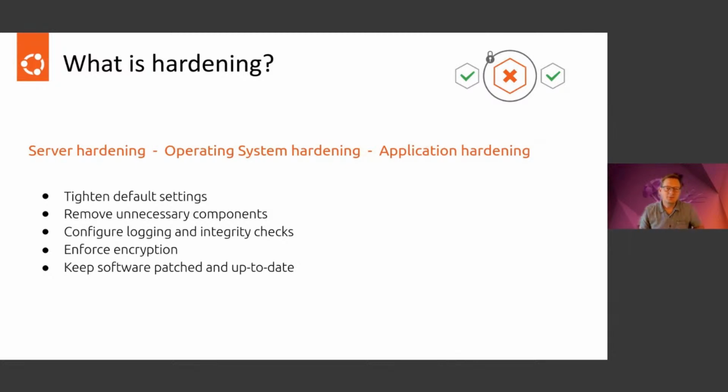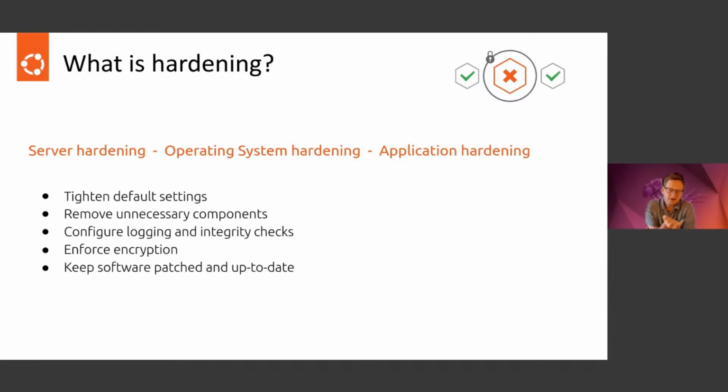So, what is hardening? It can cover a lot of different things: servers, operating systems, applications. But generally, hardening is about locking down a system. It's about making sure that the default settings really are nice and secure.